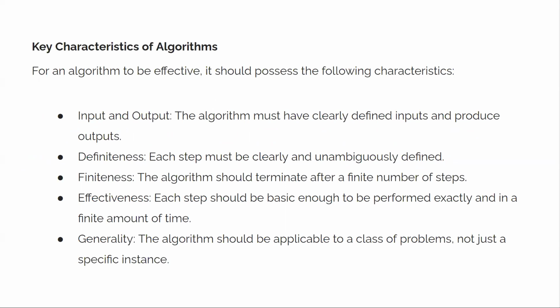Key characteristics of algorithms. For an algorithm to be effective, it should possess the following characteristics. Input and output: the algorithm must have clearly defined inputs and produce outputs. Definiteness: each step must be clearly and unambiguously defined. Finiteness: the algorithm should terminate after a finite number of steps.